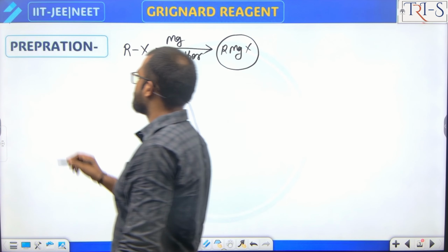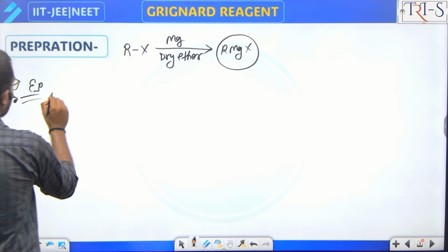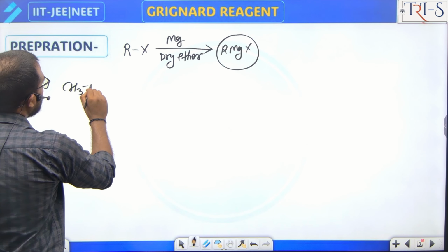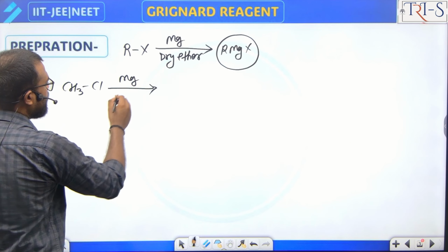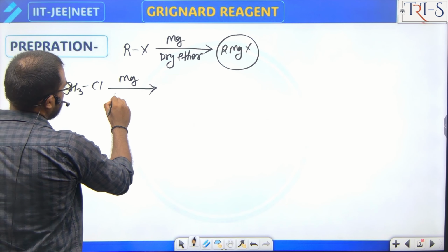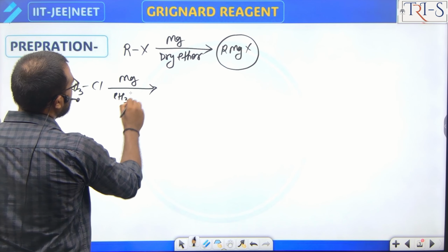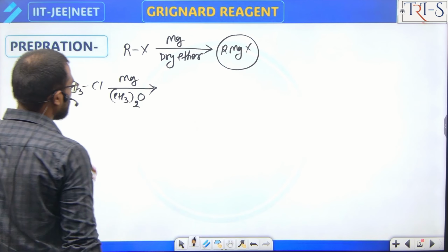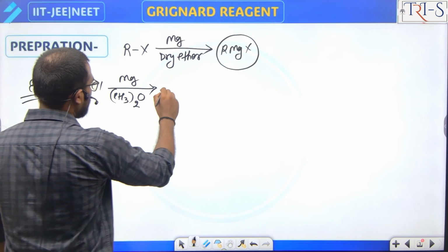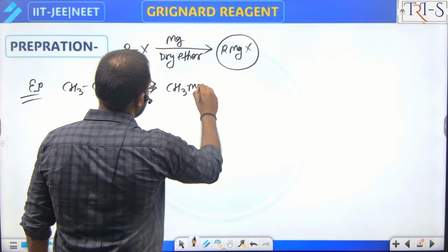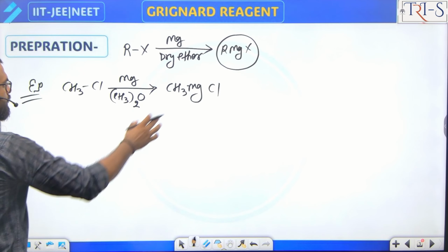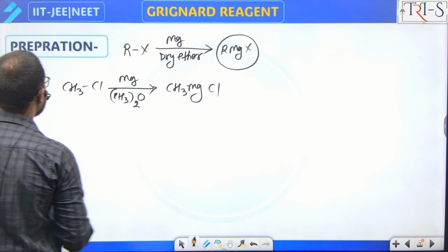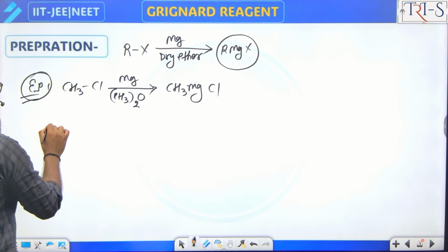For example, methyl chloride treated with Mg in dry ether, CH3CH2 twice O, diethyl ether, will give CH3MgCl, methyl magnesium chloride, an example of Grignard reagent.